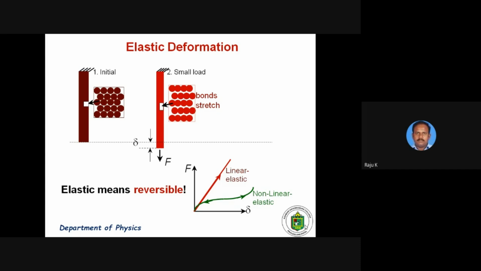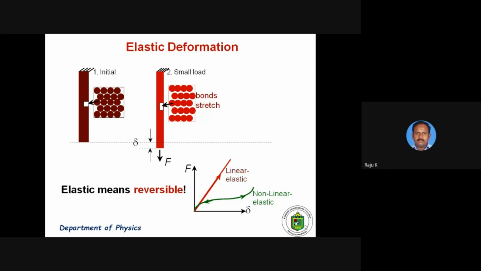Let us consider a wire. One end of the wire is fixed at one point, and the other end is left free. We apply the load at the free end. Due to the force applied at the free end, the wire is stretched, which loosens the bonds between the atoms and causes some change in its dimension.